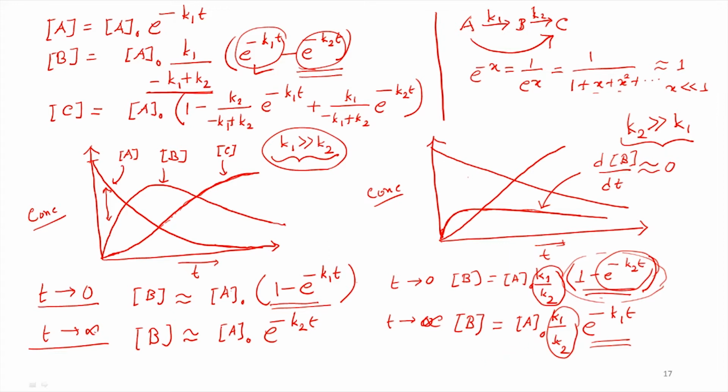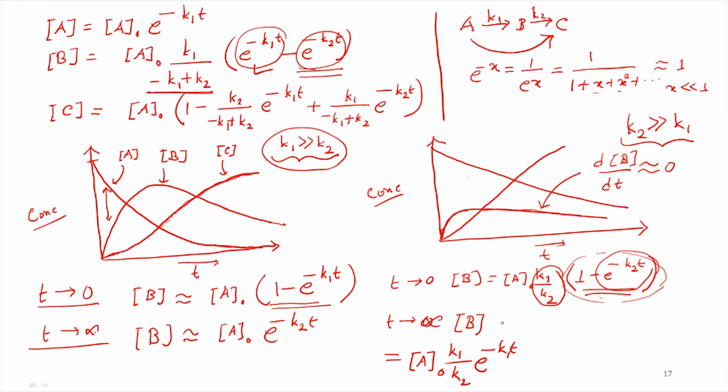Remember that we do not have space here, so let me just write it here. So it is A0 times K1 by K2 into e to the power minus K1t. I'm just removing this part because my picture is blocking that section.